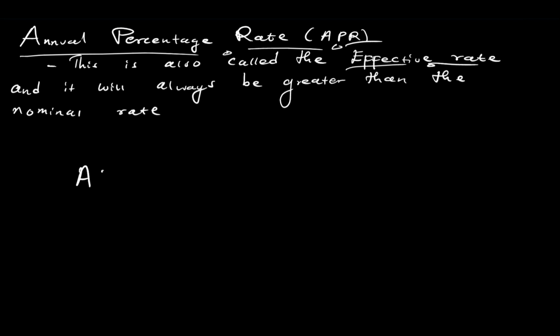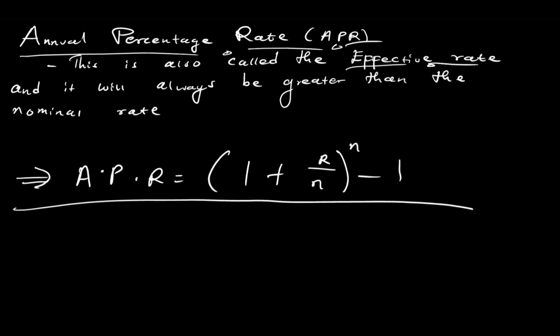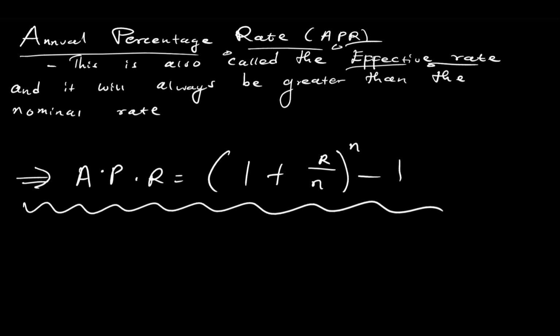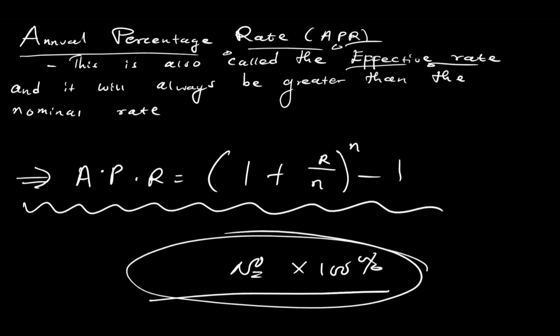And the APR is equal to 1 plus the annual interest rate over n, which is the number of times it's credited, to the power n, minus 1. This is how you solve the annual percentage rate. Be mindful that your answer should always be a percentage. So whatever you get, just multiply by 100%, and you'll get your annual percentage rate.